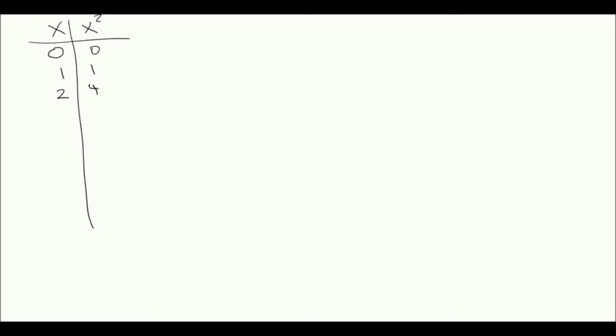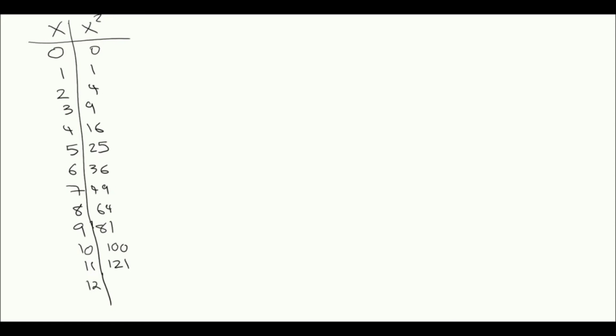We know that 2 squared is 4. 3 gives us 9. 4 gives us 16. 5 gives us 25. 6 gives us 36. 7 gives us 49. 8 gives us 64. 9 squared is 81. 10 squared is 100. 11 squared is 121. Let's go to 12 for the squares, and that gives us 144.